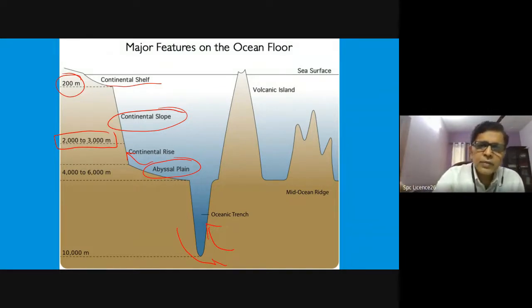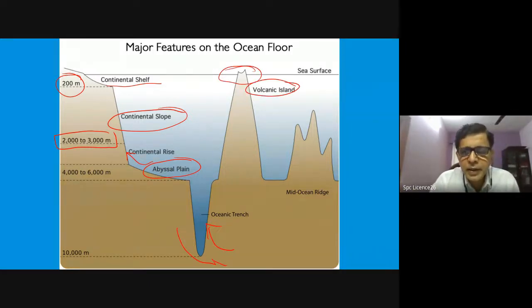Then you could have something like a volcanic island, let us say the Hawaiian Islands, which are volcanic. The Andaman and Nicobar Islands near India are volcanic as well. On the other hand, the Lakshadweep Islands, let me tell you, are coral islands and not volcanic islands.